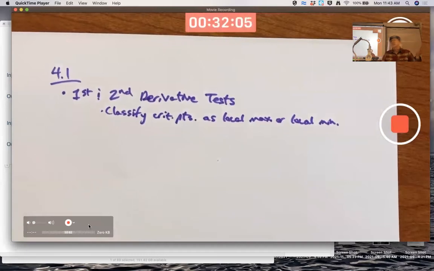In all of our examples, it was 0. We never really did an example where it was undefined. You can, but I don't really want to emphasize that. So where is the derivative 0? You find the derivative, set it equal to 0, solve for x. Those are your critical points. The first derivative test essentially was the one where we make a number line and mark off the critical points.